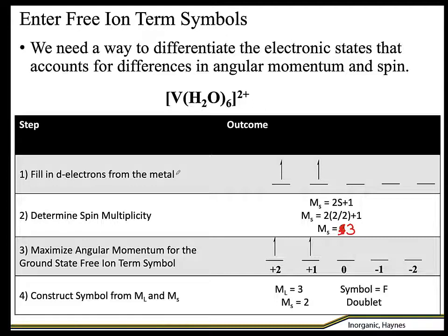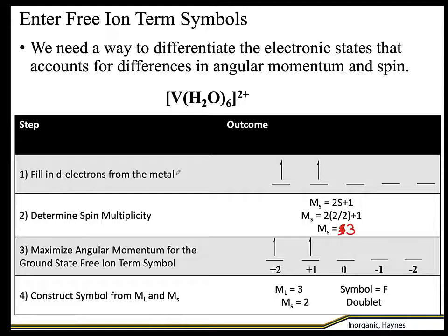Our third step is to maximize the angular momentum for this ground state of our free ion term symbol. So again, we go back to our quantum numbers from general chemistry and beyond, and we can see that for our d orbitals, we have values for our angular momentum from +2 down to -2 in single integer steps. So we can have +2, +1, 0, -1, and -2.